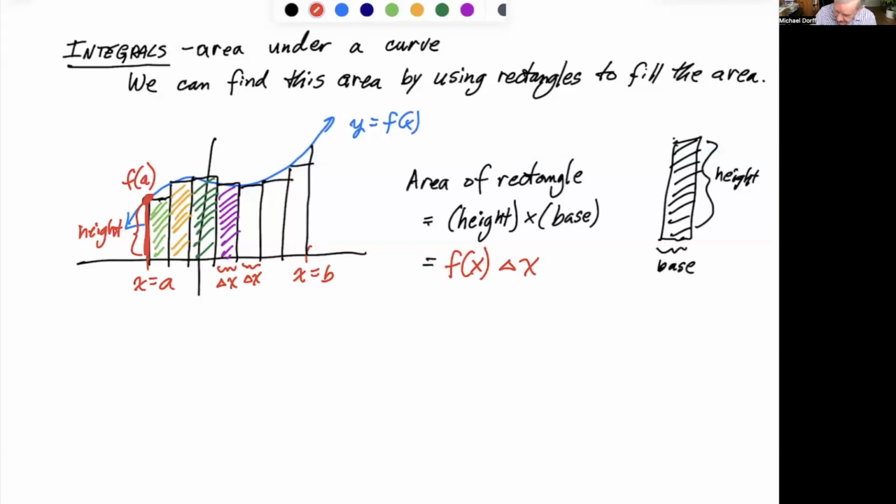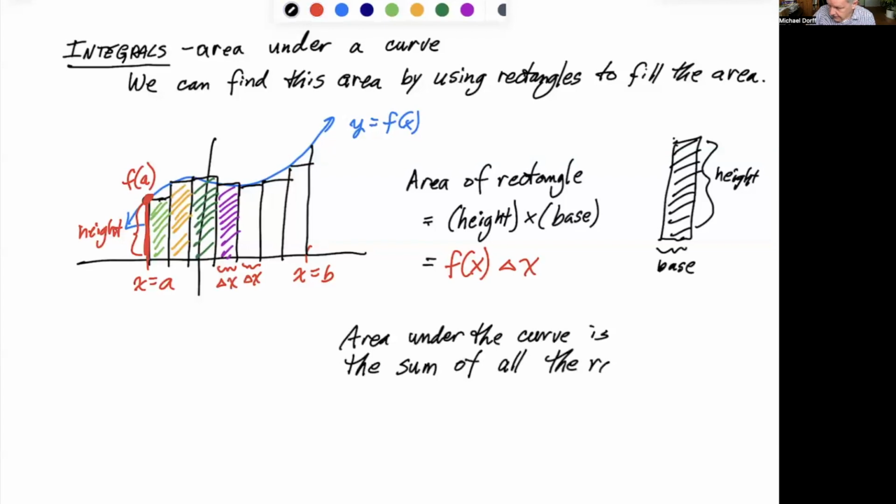And then the area under the curve is the sum of all the rectangles. Now, that's just going to be an approximation. So how can we make the approximation better? Well, we saw last time, if I make the delta x smaller and smaller, so I have more and more rectangles, then I get a better approximation.